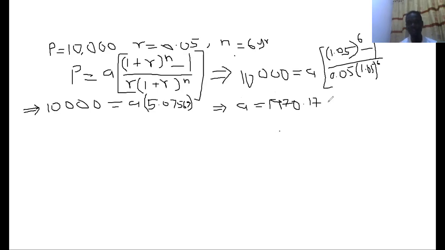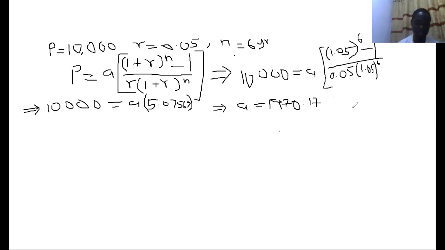So what it means is that if you have taken a loan of 10,000 from the bank and the rate is 5% per annum, which you won't get, it doesn't exist, but this is just for learning purposes, and you are to make repayment for 6 years, that is annual equal installment for 6 years, then this is what you'll be paying every year for the next 6 years.